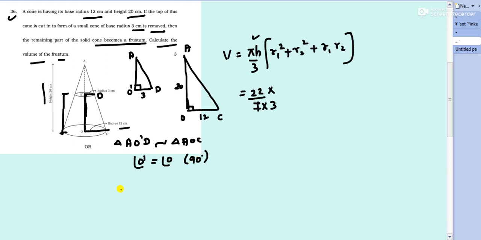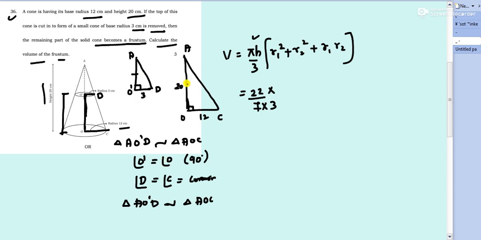And this angle is also common, so you can write angle D is equal to angle C. Why? Because it is common, or it is the corresponding angle. So using this, you can say both of them are similar, correct? Triangle AO'D is similar to triangle AOC.